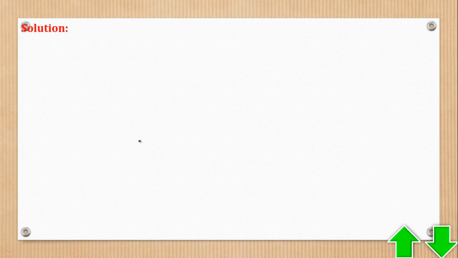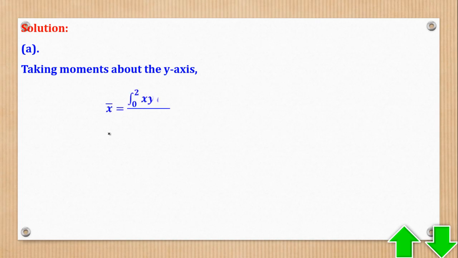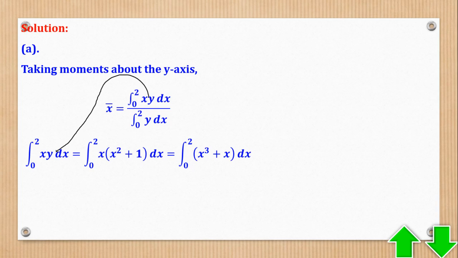First, remember the formula for the x-coordinate by taking moments about the y-axis. The x-coordinate of the centroid will be this over that. This is got from the principle that the moment of the sum is equal to the sum of the moments. More of this is available on this platform; check under application of integration under calculus. So let's integrate xy with respect to x.